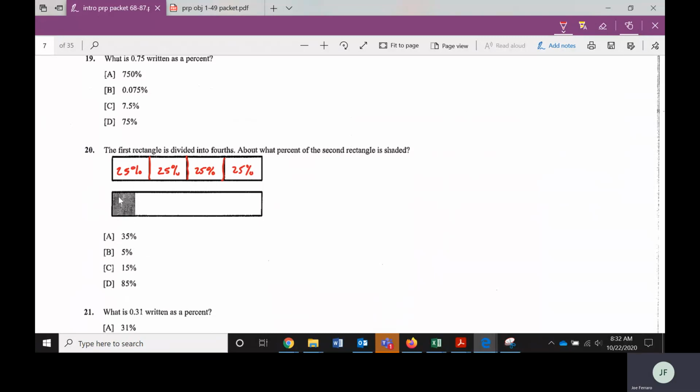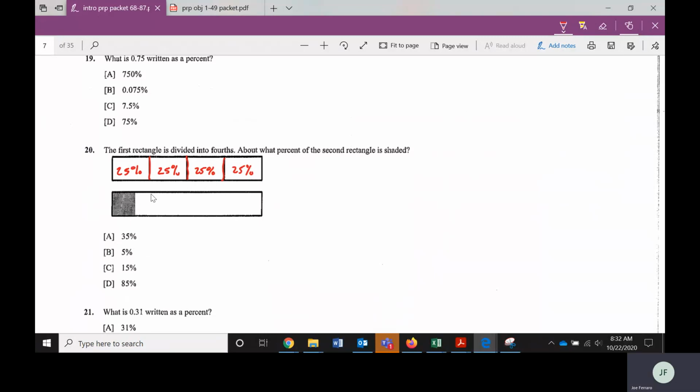So if we need to estimate this, and out to here is 25%, then down in this area is 25%. Nothing over 25 could be a possible answer, because the shaded is less than 25. So this is out and this is out. Now you have to look at what makes more sense, 5 or 15. The shaded looks to be a little more than half of this 25% box.